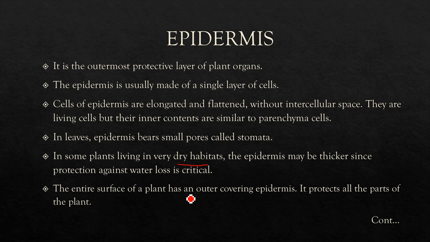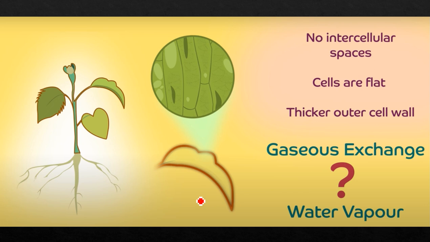The entire surface of the plant has an outer covering called epidermis, and it protects almost all the parts of the plant. So what we have studied is that there are no intercellular spaces, the cells are flat, and they have a thicker outer cell wall. Then how will the gaseous exchange take place, how will the water vapor come out, right?